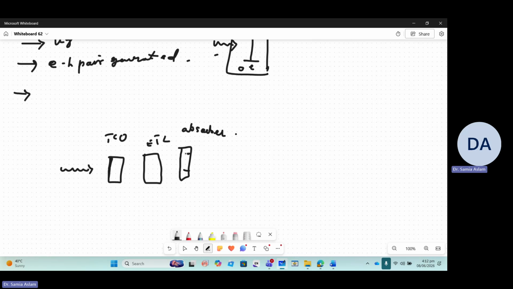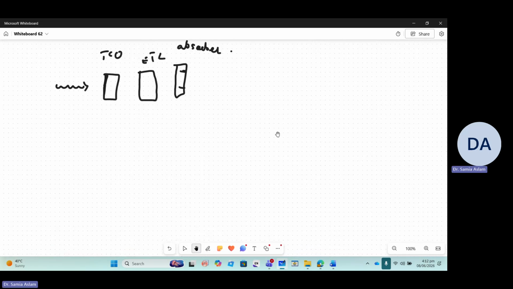Now, for those electrons, there are 2 paths. Electrons have to travel by the more convenient path. Okay. Now what happens? Since ETL is also a semiconductor, TCO is also a semiconductor, all oxides are semiconductors, and this light absorber is also a semiconductor, all have some valence band and conduction band energy values inside.